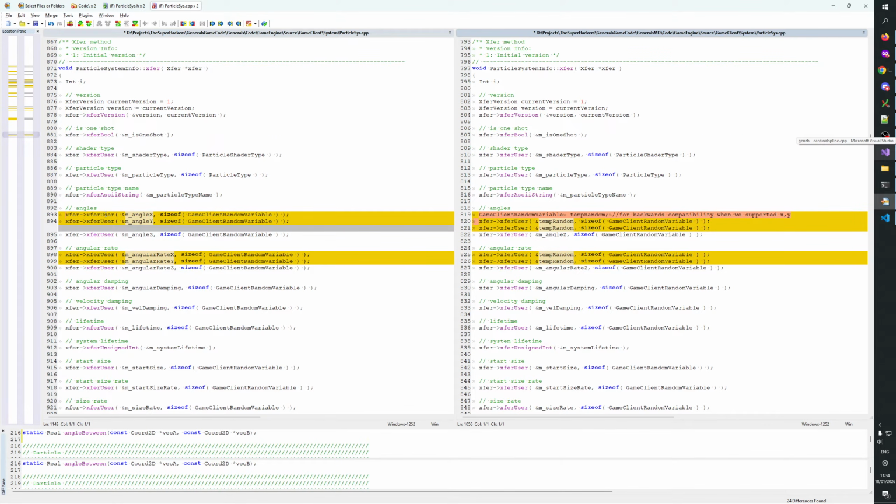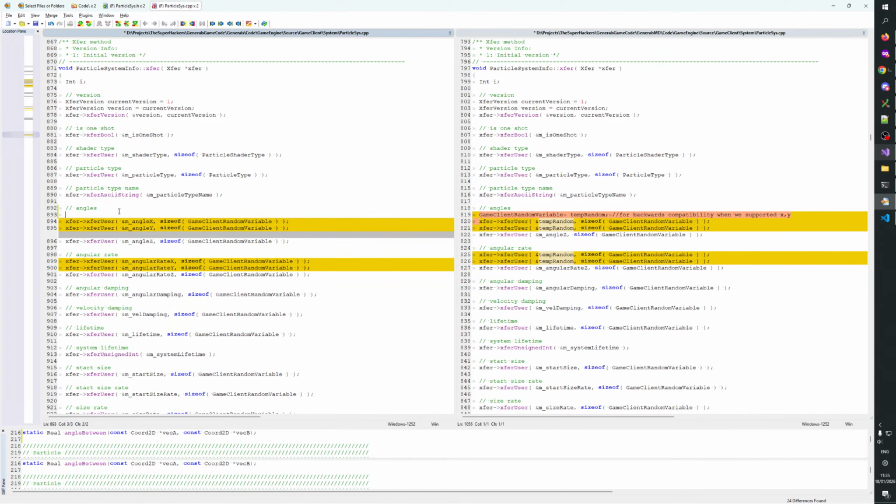Okay, here we have another Xfer. Interestingly. Temp random. Game client random variable. Temp random. Huh? Okay. Okay, then we do the same here.